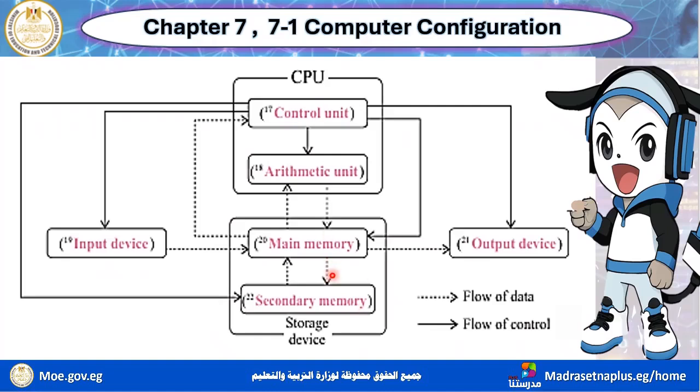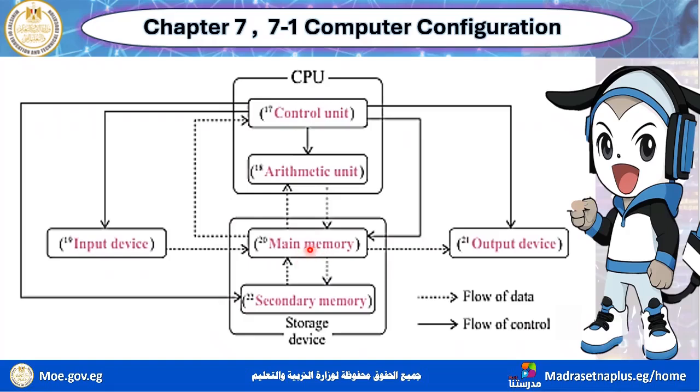This information we can input into the computer through the input device, and after it is processed here, the computer outputs it through the output device. So this is the way of your data inside the computer. When you input an order, this order is stored in the main memory.